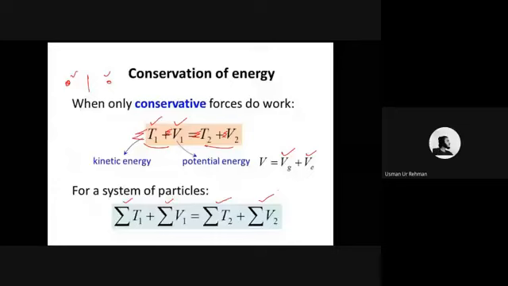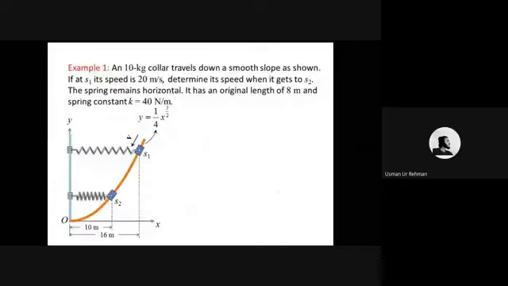Okay, now let's have an example. A 10 kg collar travels along a smooth slope. The word smooth is here, so it means no friction, right?